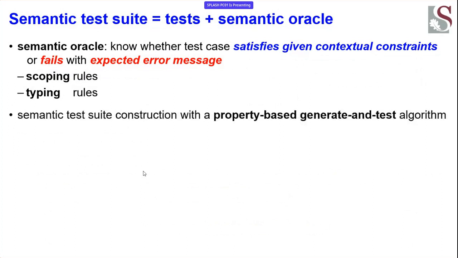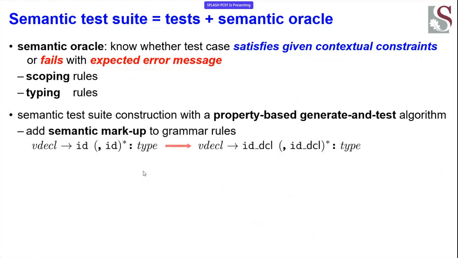And so we're going to use a semantic test suite construction algorithm that is based on a property-based test generation algorithm. The idea is that we add a semantic markup to the grammar rules. So this underscore decl that's tagged onto the ID says this is a declarator position for the identifier. It needs to be inserted into the current scope of the symbol table.